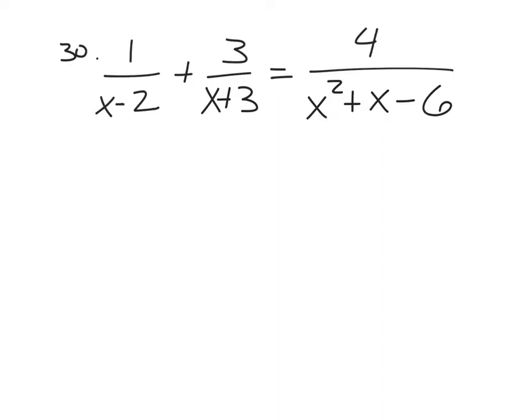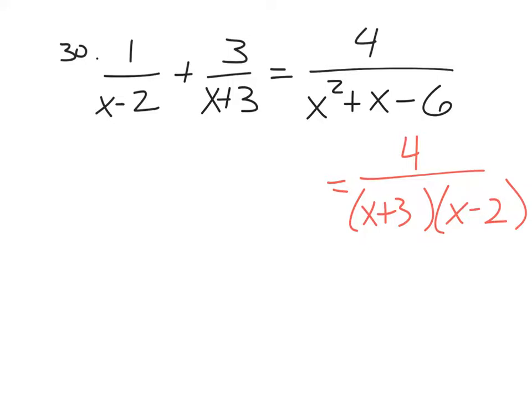And so what are factors of negative 6 that add to give you positive 1? Factors of 3 and negative 2, so we got x plus 3 and x minus 2.